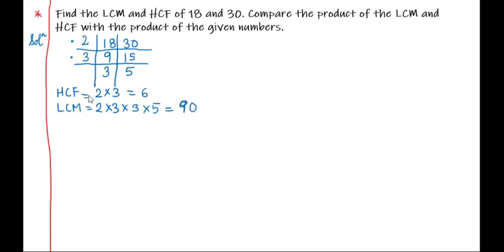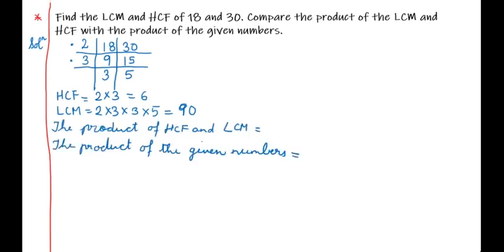Okay. So we got HCF, we got LCM. So the first part of the question, that is find the LCM and HCF of 18 and 30, is done. Yes or no? Now what we have to do? We have to compare the product of LCM and HCF. So we will multiply this HCF and LCM. So let us write down.